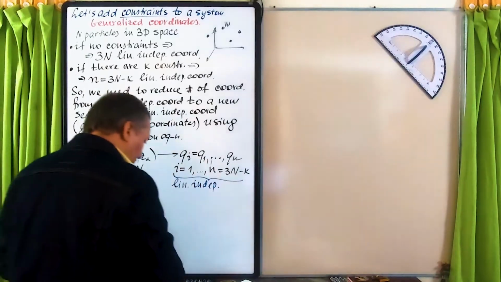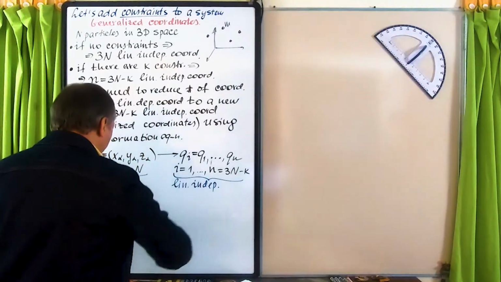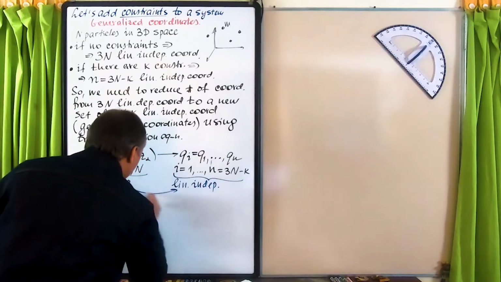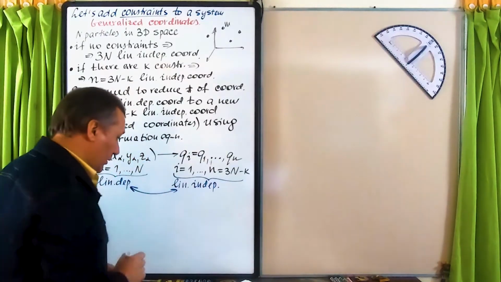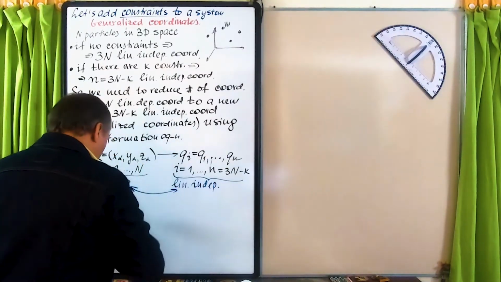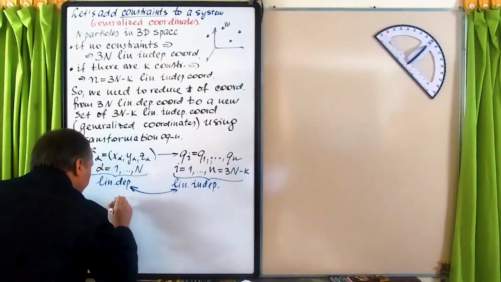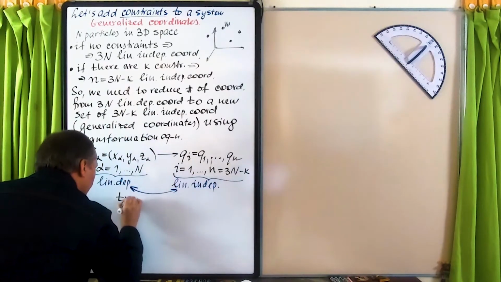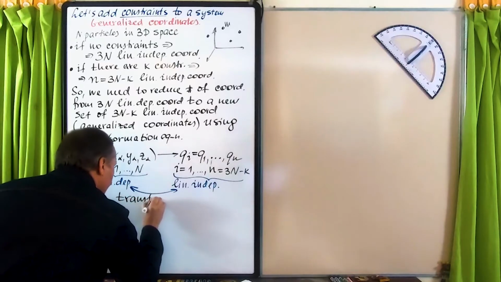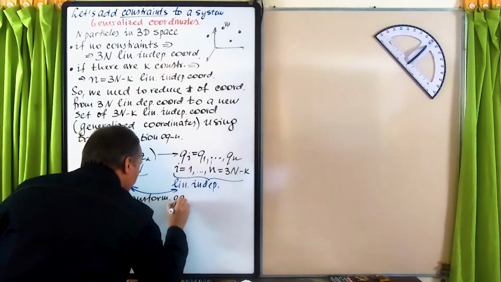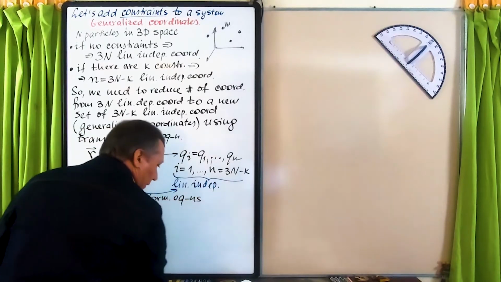Right. So, in order to make this transition, we need to write transformation equations, back and forth.